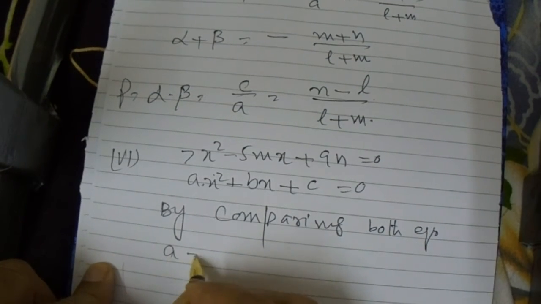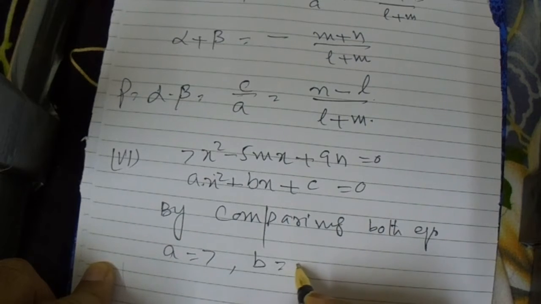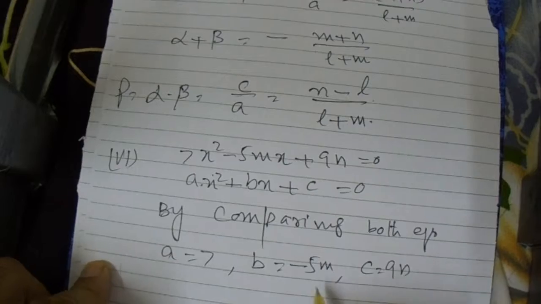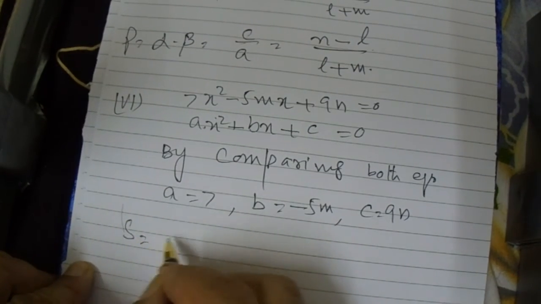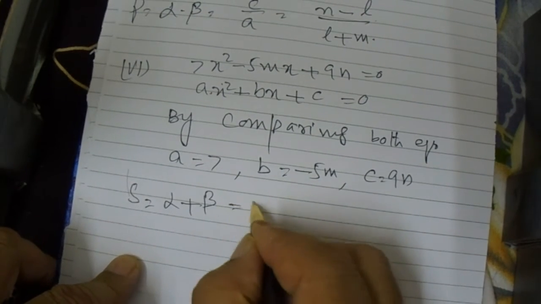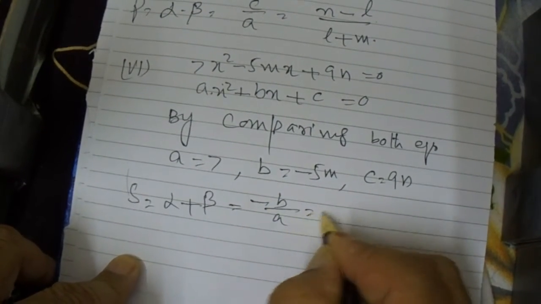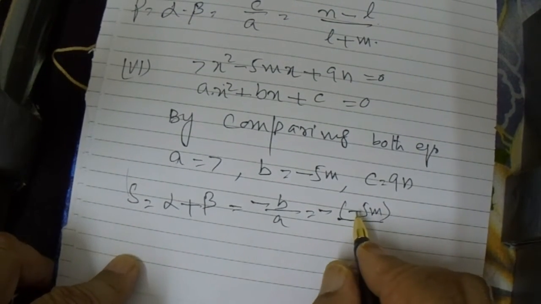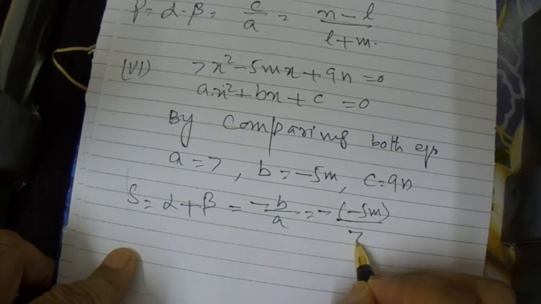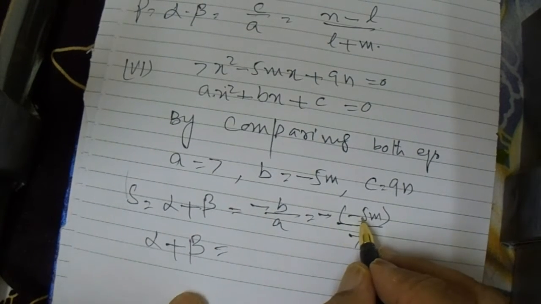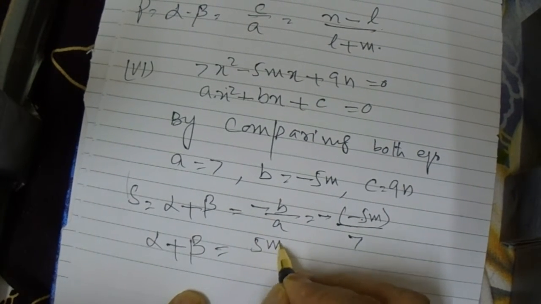I will write a is equal to 7, b is equal to minus 5m, and c is equal to 9n. Now sum of roots S is equal to alpha plus beta is equal to minus b over a. Now minus b, our b is minus 5m, over a is 7. Now alpha plus beta is equal to minus minus, or we write here 5m over 7. Now this is the alpha plus beta.